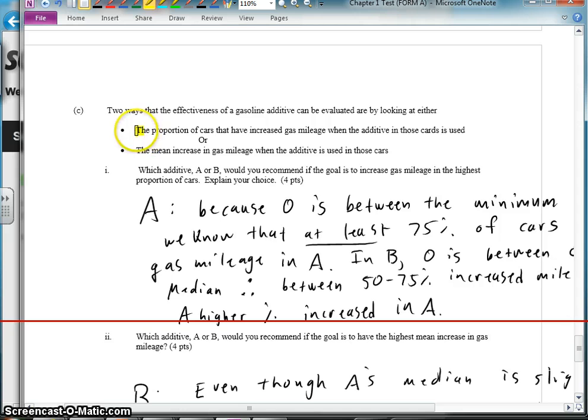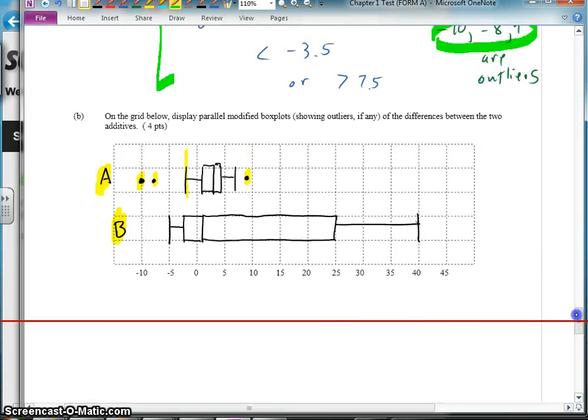One way is to look at the proportion of cars that have increased gas mileage, and the other is to look at the average increase in gas mileage, or change in gas mileage, I guess. Part one said, which should we use if we're trying to increase the highest proportion of cars?